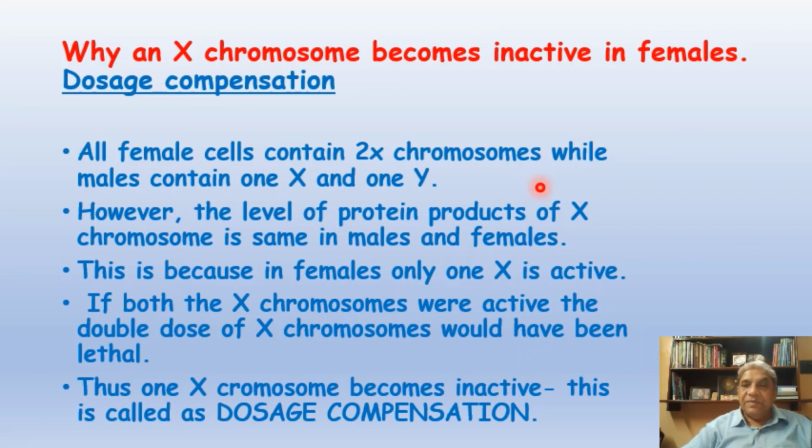The counterpart of the genes present on Y is not there on the X chromosome or anywhere in the whole karyotype of the female. The reason is that there is no need to bother about compensation for the genes present only on the Y chromosome in a male, because the Y chromosome is very small.